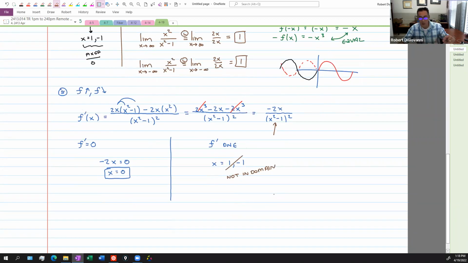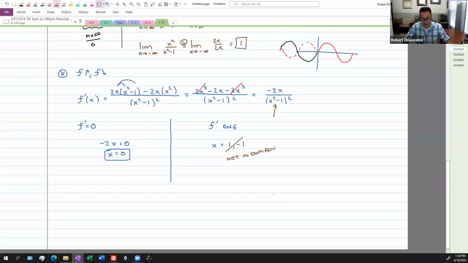So now I would go and get my number line. When I do my number line, watch what I do here. The only critical number I have is 0, right? That's the only critical number I have. But something is happening at 1 and -1, because remember, those points are not in my domain.